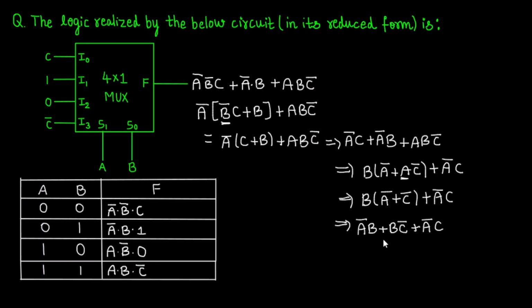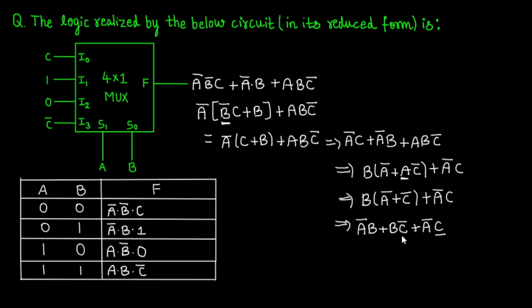Now here you can see that this A is having only its complemented form, this B is having only its normal form, and this C is the only literal having both the normal form and the complemented form. So let us use the consensus theorem.